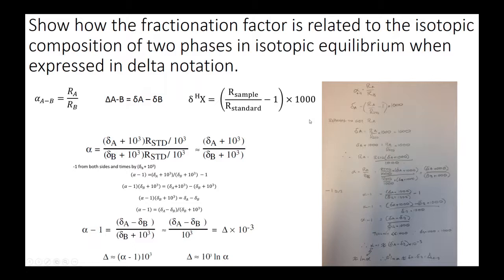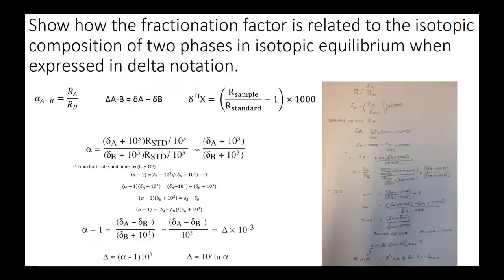And actually for oxygen isotopes there are two standards, and we'll come on to that a little bit later and explain how we convert between the two later in the lecture today. But then you basically rearrange this equation to make the ratio of the sample the subject, and then substitute that into the equation for the fractionation factor and rearrange it.